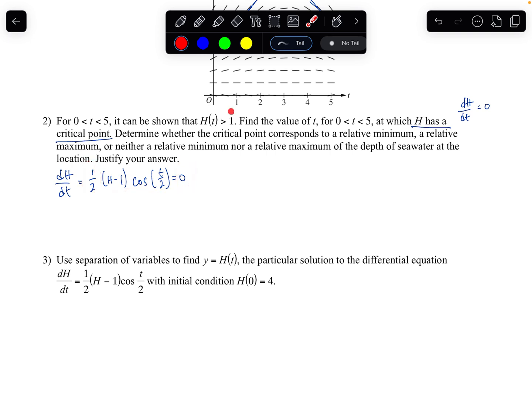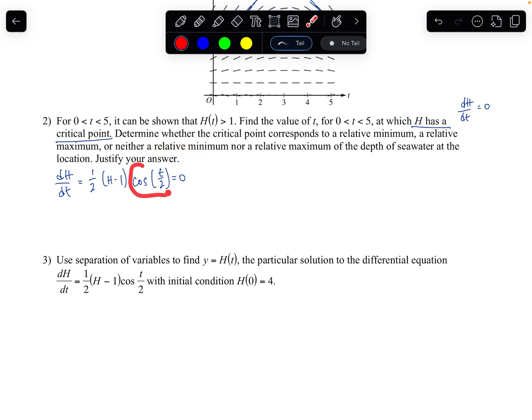Also, h of t is greater than 1. So that means h is greater than 1. Well, if h is greater than 1, then this won't be 0. So if I have a product using the zero product property, if I'm setting this equal to 0, either h has to be 1, because if h is 1, then this is 0, then the whole thing is 0.